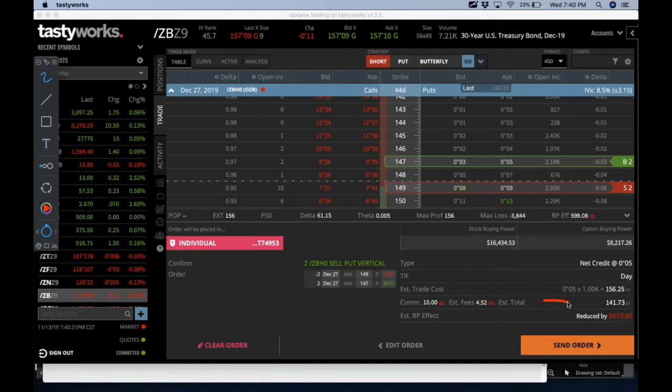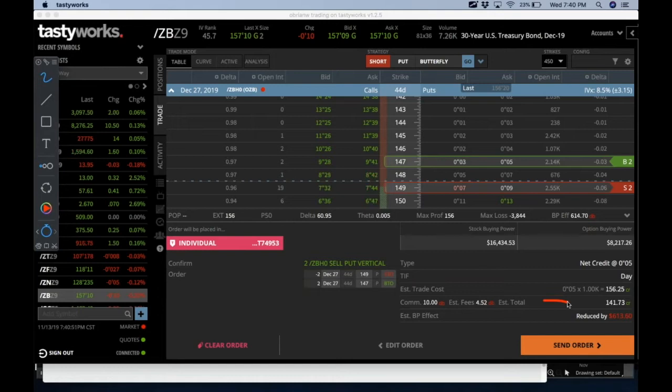What is the ideal credit that we should receive when we're dealing with bonds? The ideal credit you want to receive when you're dealing with anything is at least $100, right? But that all depends on your account size. So you're going to have to adjust the widths to make sure that you can get $100 without too much buying power or too much theoretical max loss.